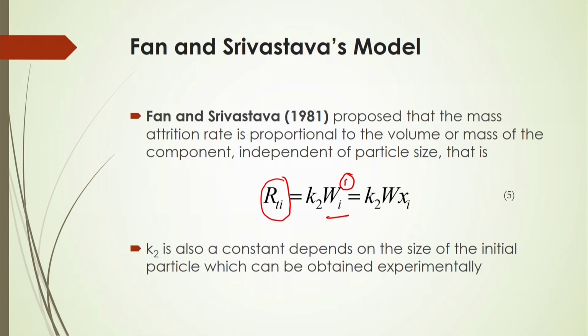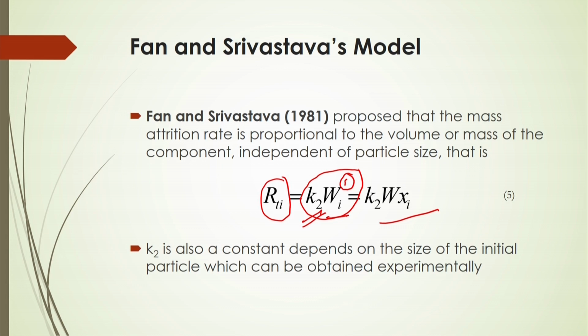You can express it in a power law model here. And if you are expressing that W I, you can simply express it by the mass fraction for that particular class I. Here this rate constant, or you can say proportionality constant, is also a constant that depends on the size of the initial particle, which can be obtained experimentally.